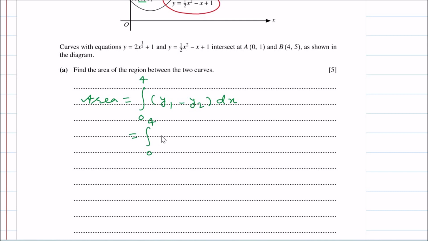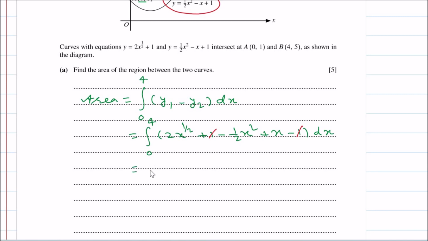So let me do. So we get 2x to the power half plus 1 minus, if you subtract, sign will be changed, minus half x square, minus x becomes plus x, and plus 1 becomes minus 1. Here dx as it is. Now this plus 1 and minus 1 cancelled out.